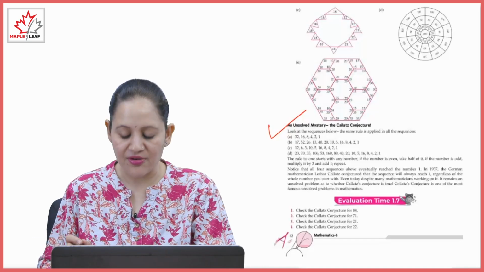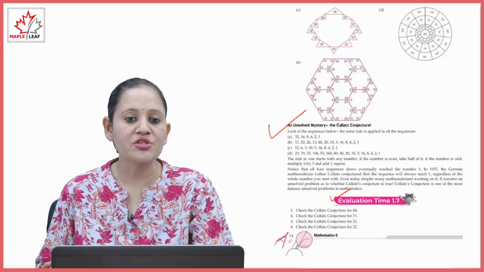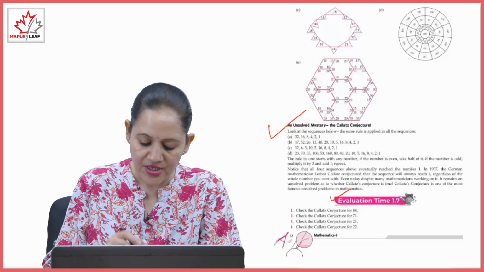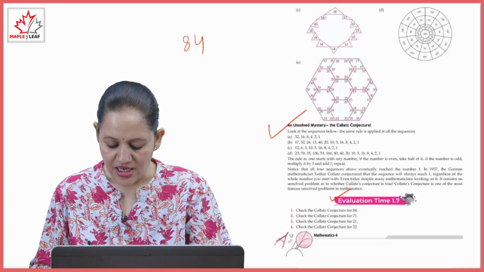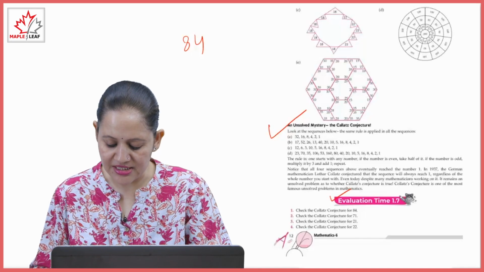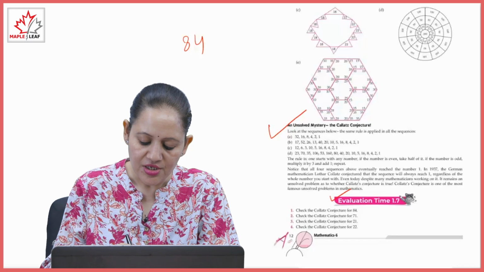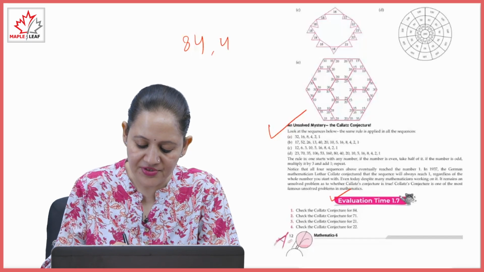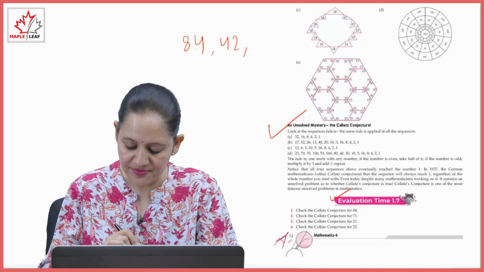Next is evaluation time 1.7. Check the Collatz conjecture for 84. So 84 is an even number. If the number is even, we will take half of it. So half is 42. Again it's an even number, so we'll take half of it, 21.